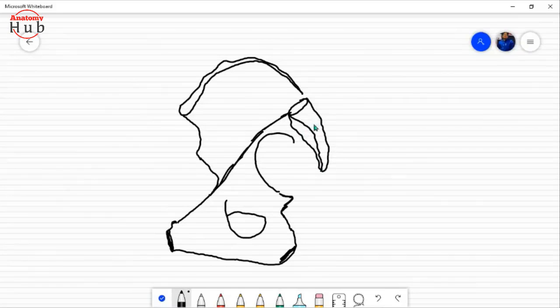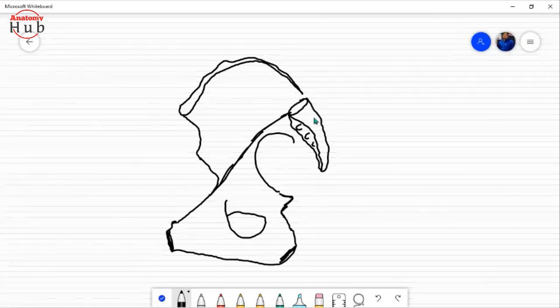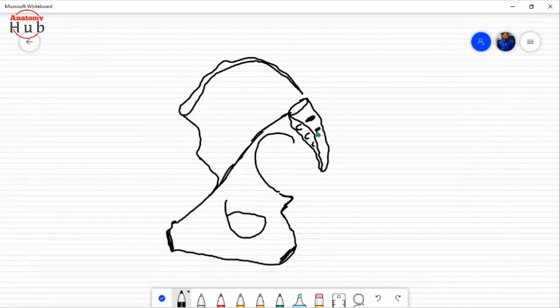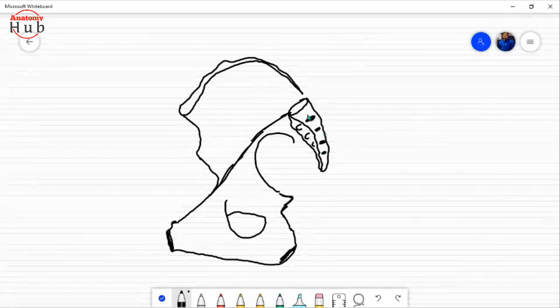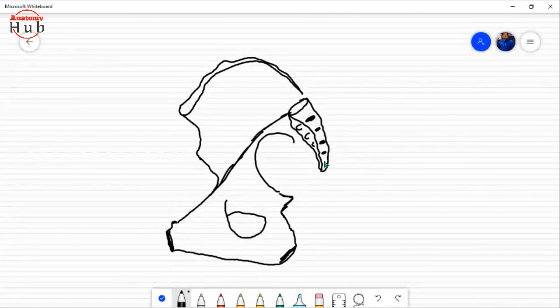Here this is the lateral surface of the sacrum, right? At this point you'll find these openings. Okay, they are the sacral openings, and these are the landmarks to identify how the five pieces of the sacrum fuse together to make one sacrum, right?